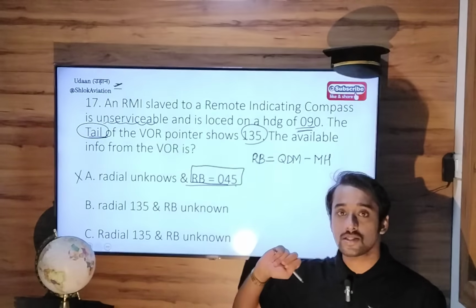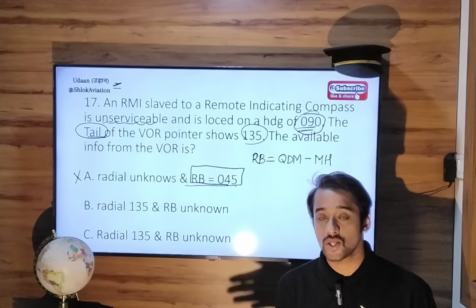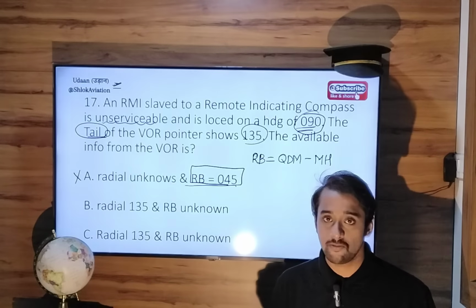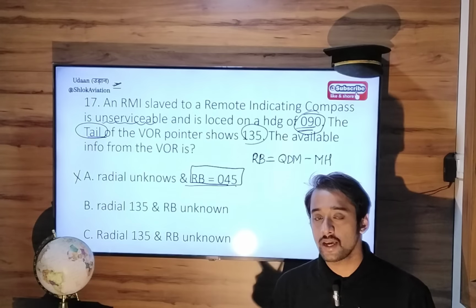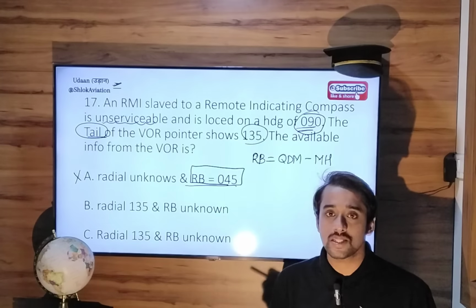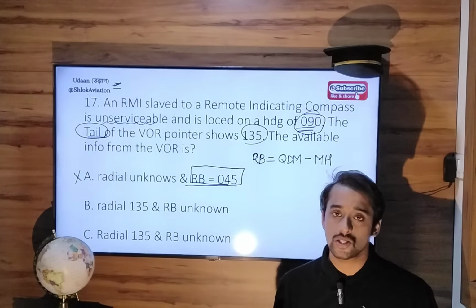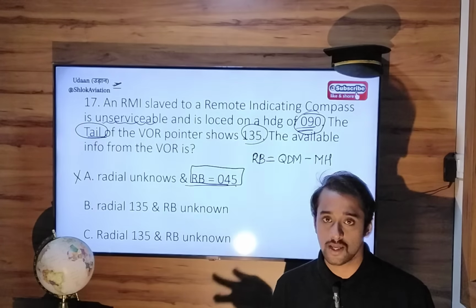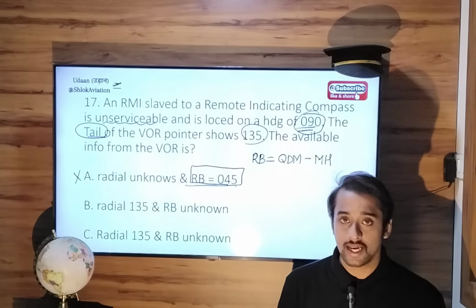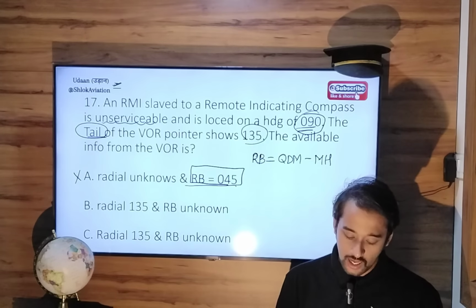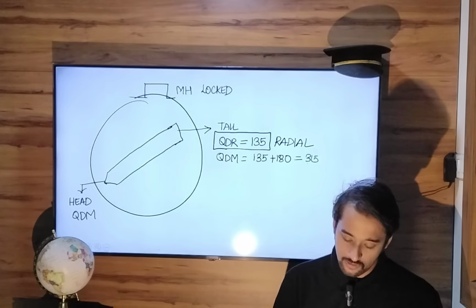So we cannot use this magnetic heading of 090 to calculate a relative bearing, because in actuality the magnetic heading of aircraft may be something else, but we are shown 090 because of unserviceability. So option A eliminated.